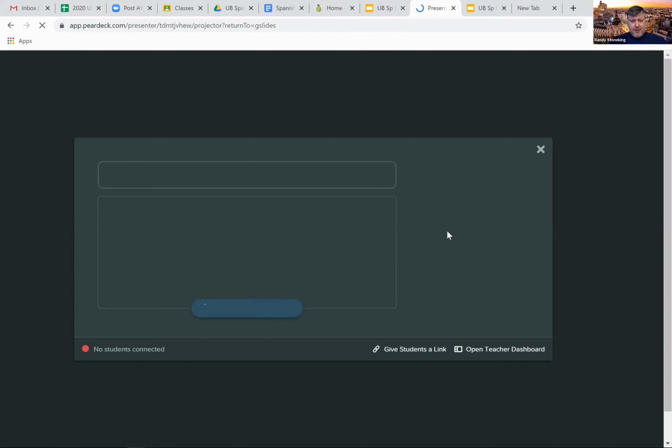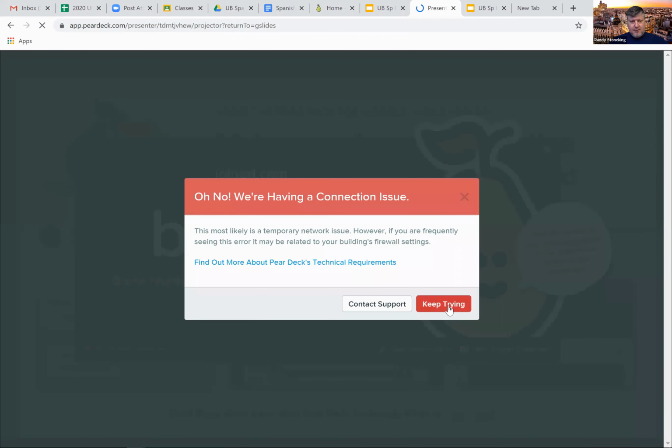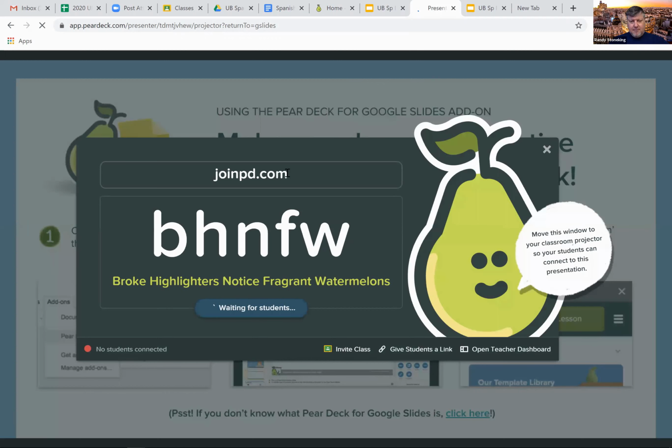Okay, can you see that code? Good. Joinpd.com and then BHNFW for your code there once you get there.